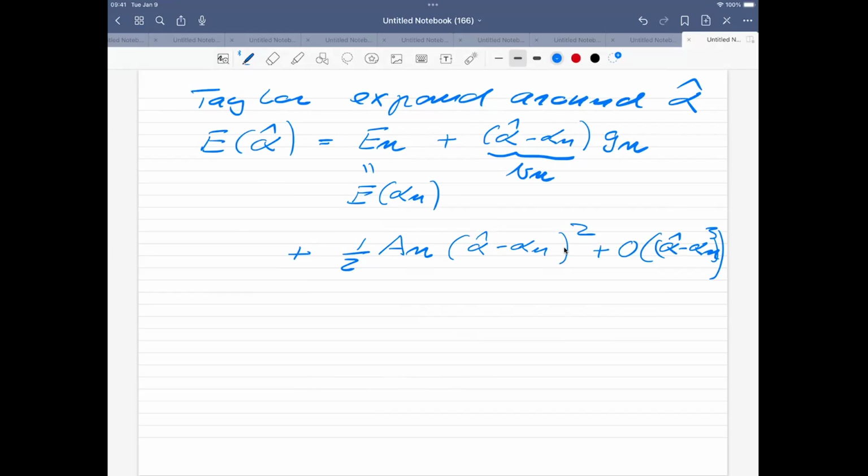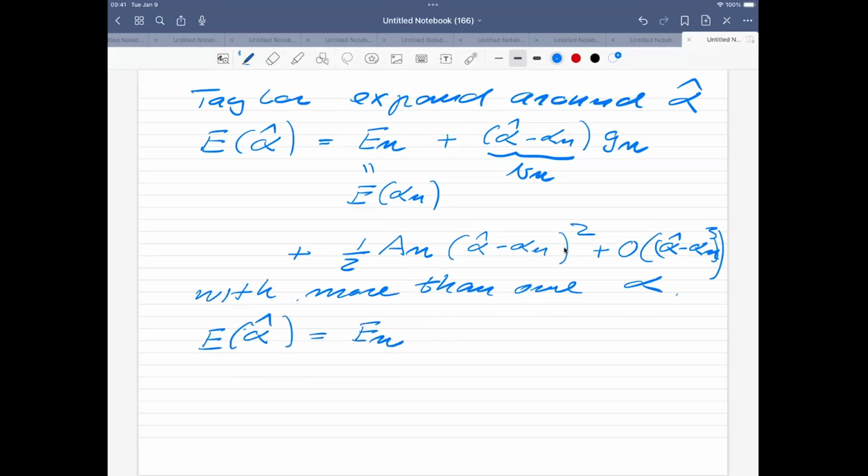So if I now replace this with more than one alpha, then I need to calculate the gradients. And then this expression here is now going to be given by still the energy around this optimal value. It's going to be given by this energy E of n. But now I need to be a little bit more careful, because the energy is a scalar. So that means that if the gradient now is a vector, then I need to calculate an inner product between two vectors.